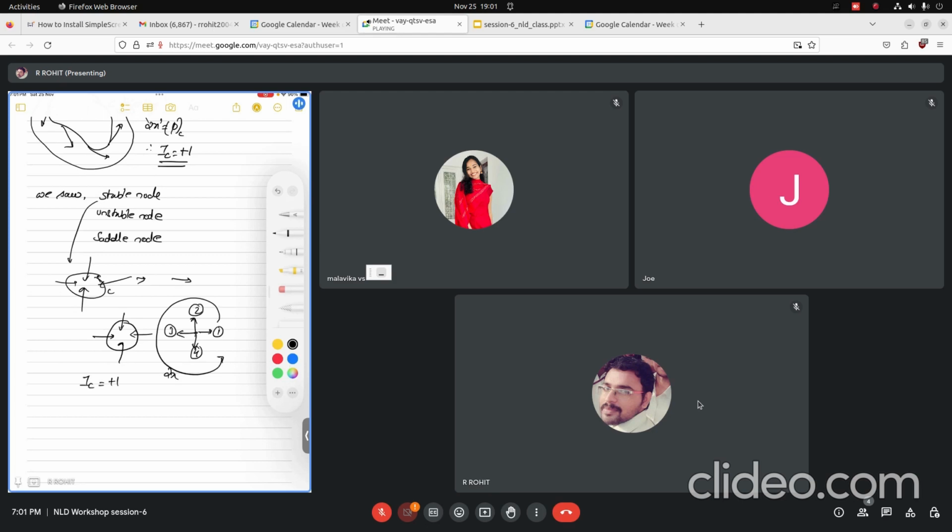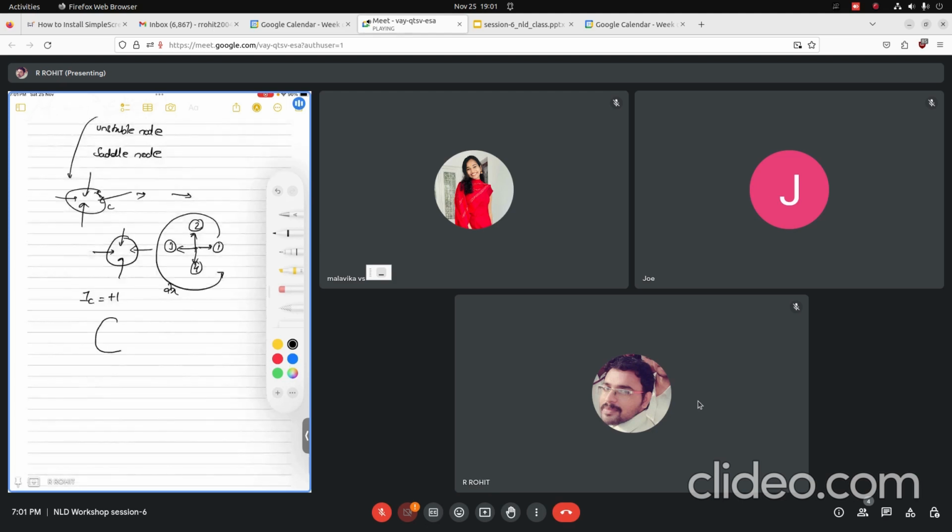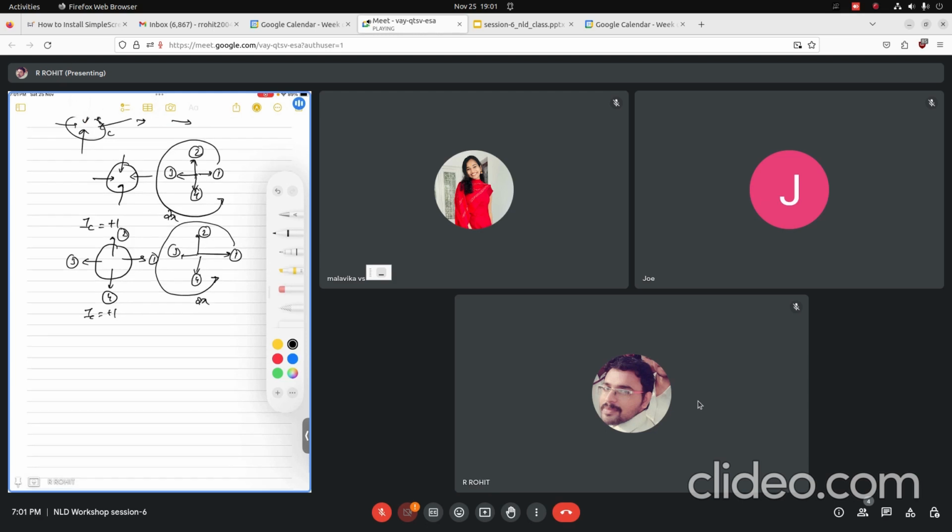So your index will be +1. Similarly, for an unstable node, all of this will be moving out, and if you take this as 1, 2, 3, 4, so 1 is over here, 2 moves here, 3 moves here, and 4 moves out. So now also you are again coming back to 2 pi. So for an unstable node or a stable node, your index of the closed curve is +1.